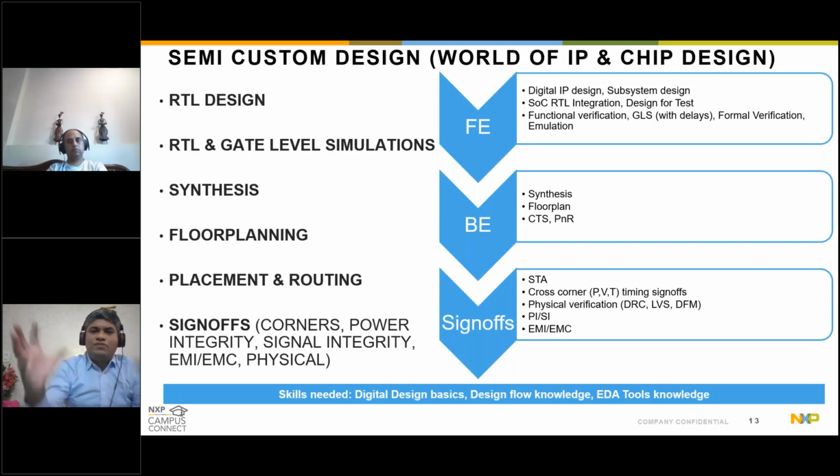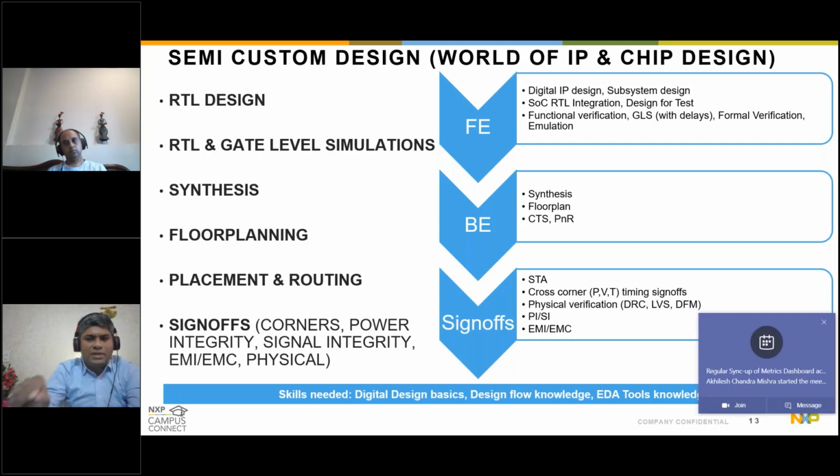That means once you have assembled your chip, is it functionally behaving the way it should? So that's functional verification. Then once it is synthesized and you have a gate level netlist out of it, I'll cover it a little bit later, it's time for gate level simulations. There are aspects of formal verification and emulation. In the interest of time, I will not deep dive at this stage. I'm sure we'll have opportunity to speak about it later.